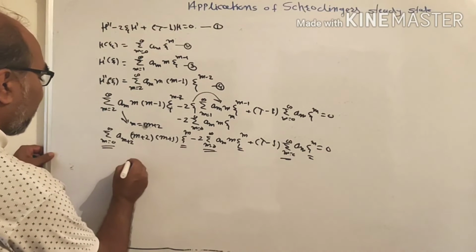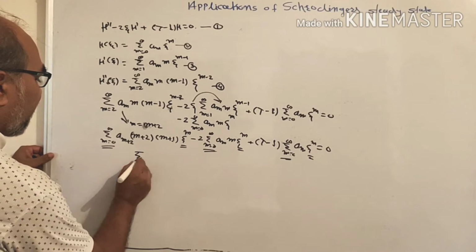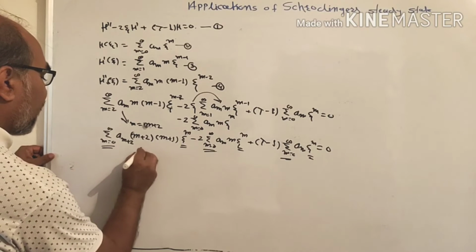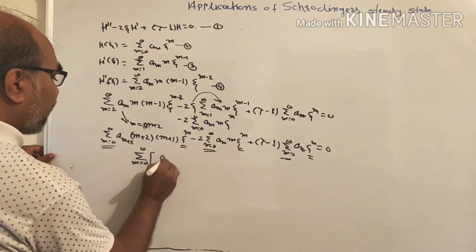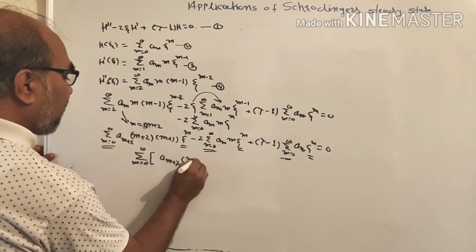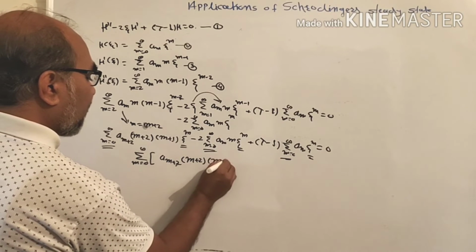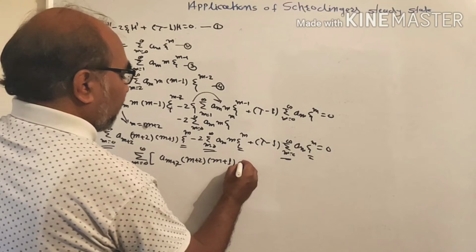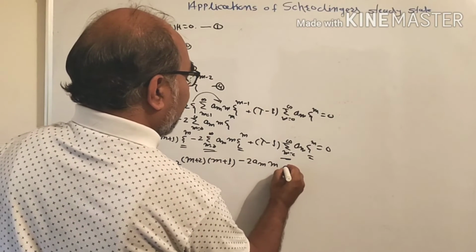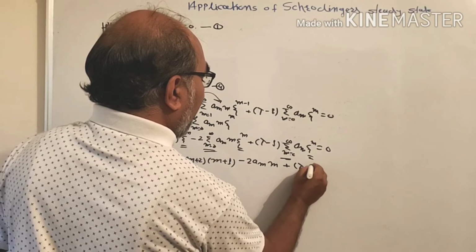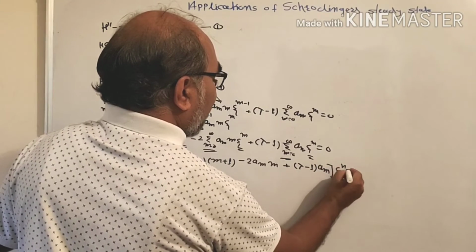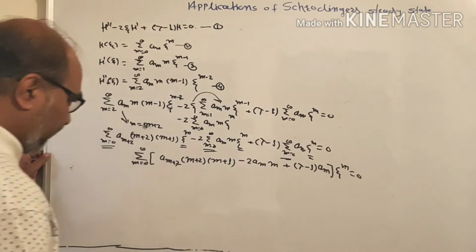Therefore this becomes summation m tends to 0 to infinity of the bracket a_(m+2)(m plus 2)(m plus 1) minus 2 a_m m plus (lambda minus 1) a_m, times zeta raised to m, is equal to 0.